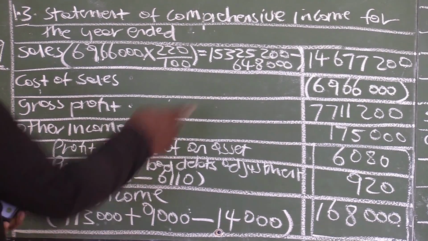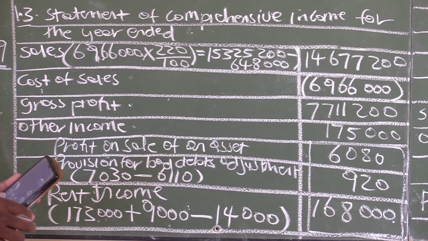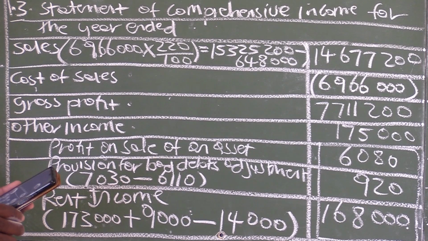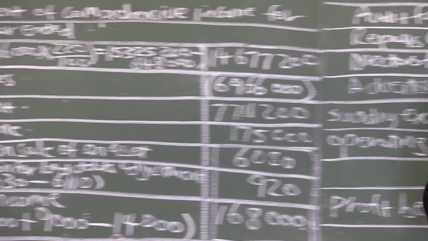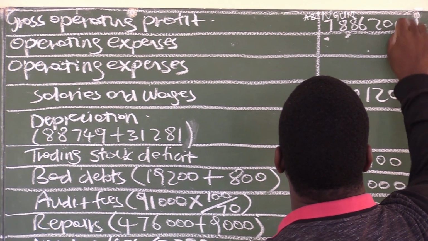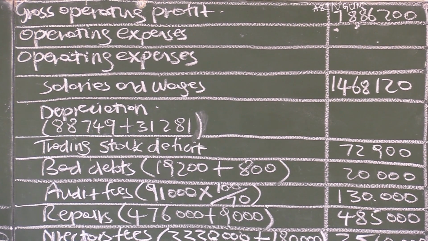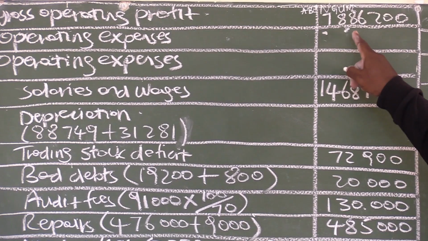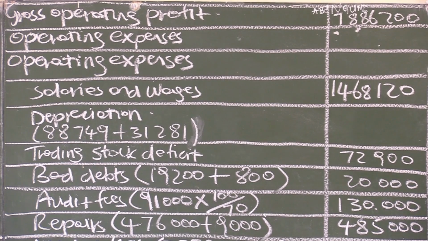That 175,000 must be added to the gross profit of 7,711,200. That gives us 7,886,200. I think this section of closing it off, most students are familiar with it. And then you have your operating expenses. That's gross operating profit.